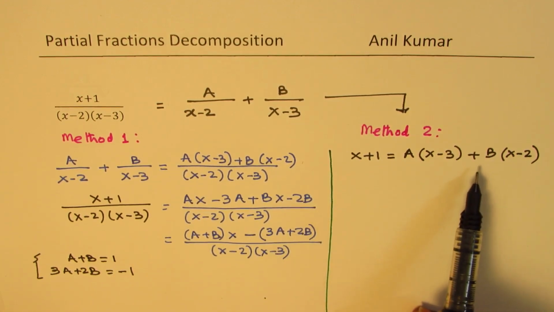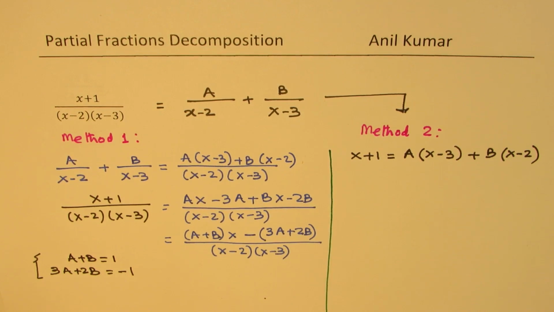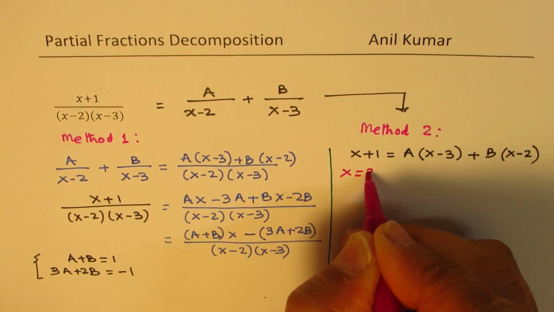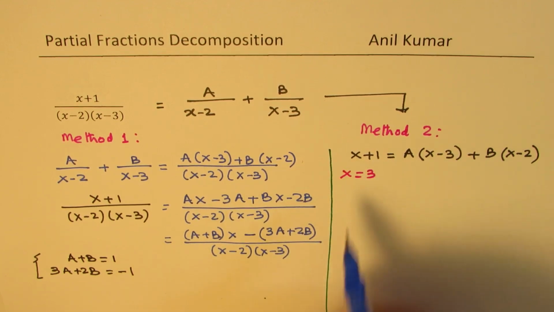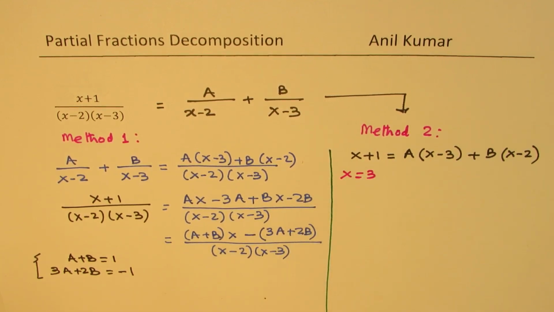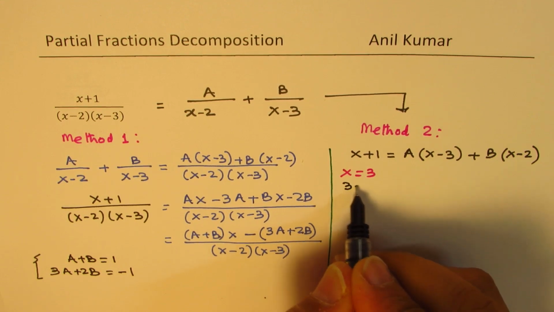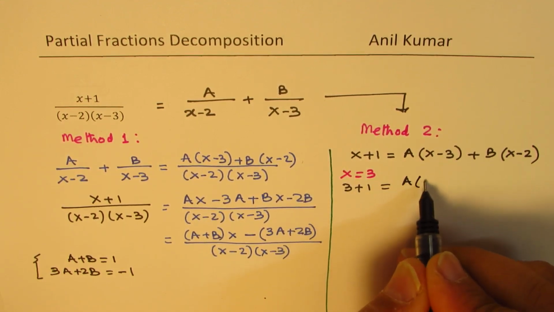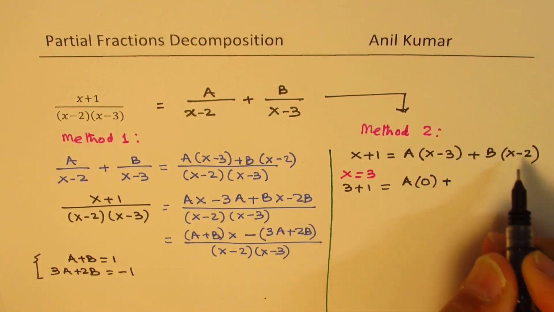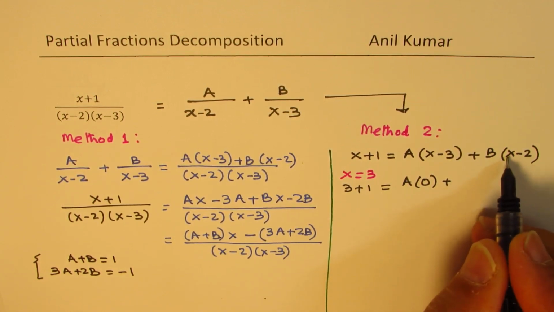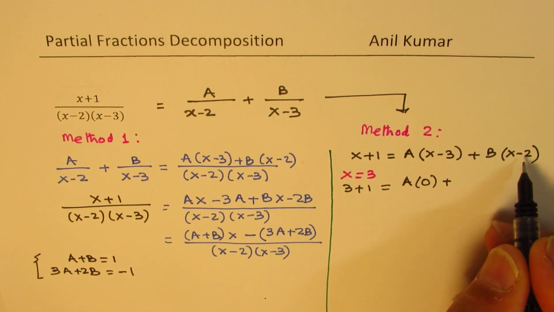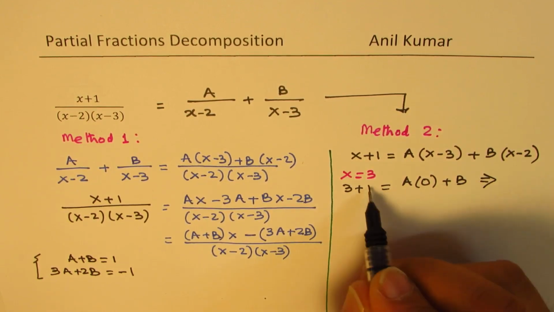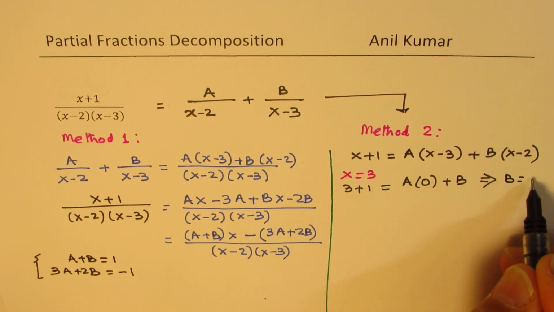Now at this stage you will notice that if I substitute x equals 3, then what happens? I get here 3 plus 1 equals, that part is 0, right? So a times 0 plus, if I substitute 3 here, I get 3 minus 2, which is 1. So I get b, right? So clearly from here I get a value of b, which is equal to 4.